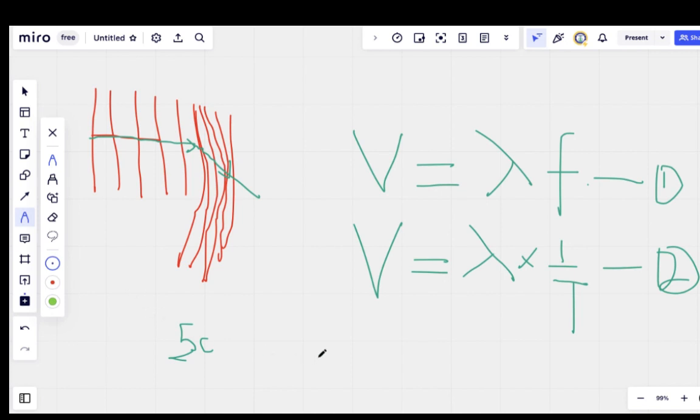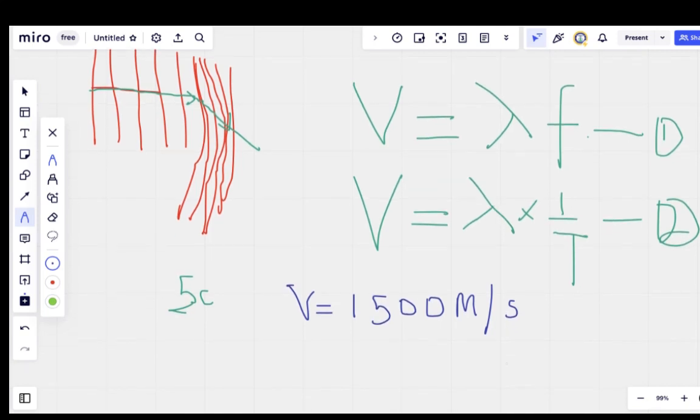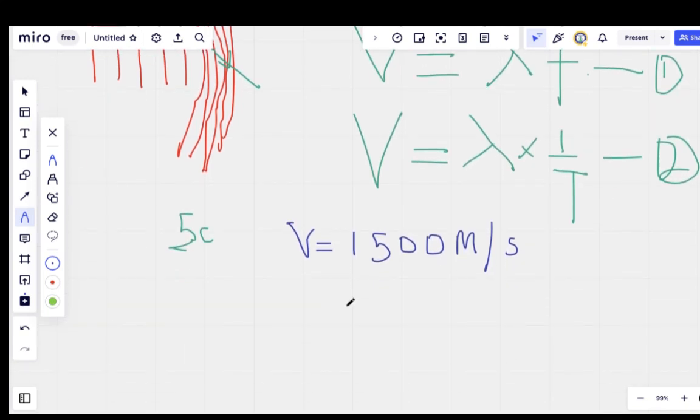Now we say the speed V is given to us as 1,500 meters per second. What else is given? We don't know the frequency, but we know the wavelength, which is 5 centimeters.